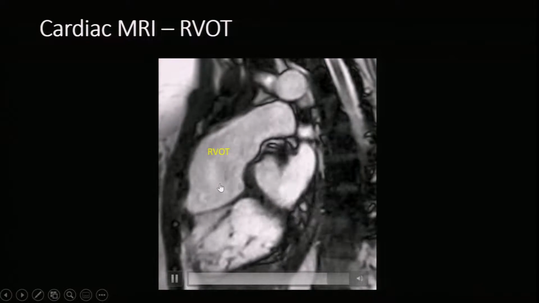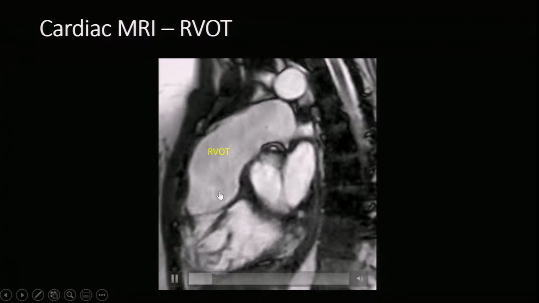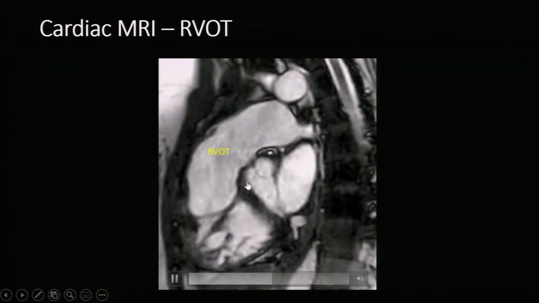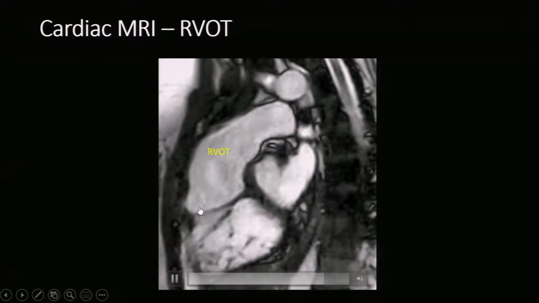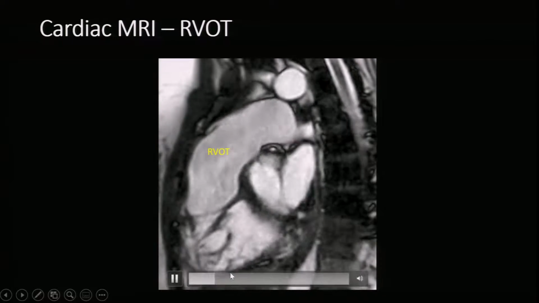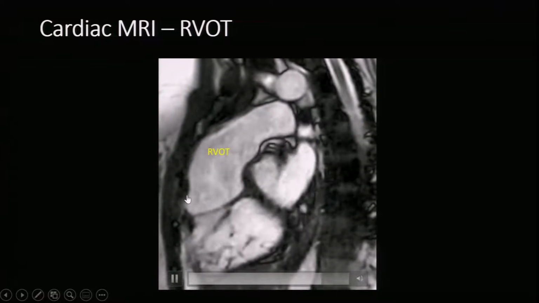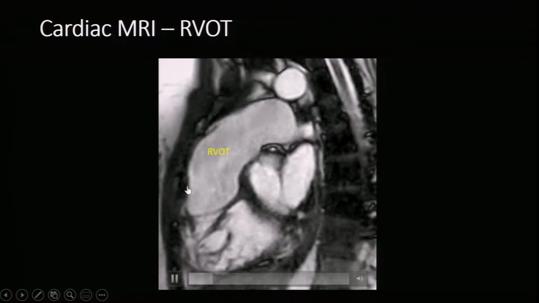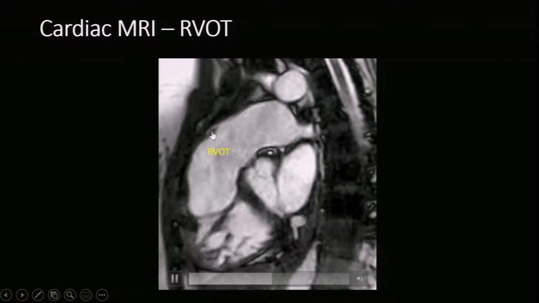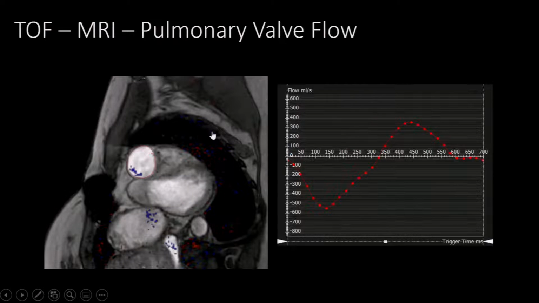And this is a patient with a significantly dilated RVOT and severe TR. You can tell where the patch is if you follow the myocardium up. You see that here the contraction stops, so all this is patch material, and then we confirm that with LGE. This is one of the ways we assess pulmonary regurgitation by MRI.